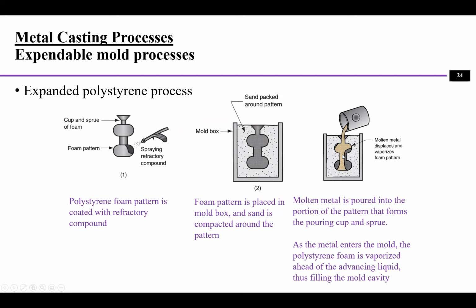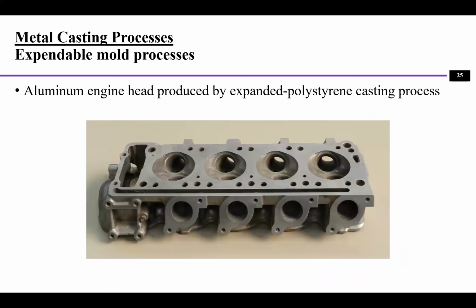During this process, the foam or whatever material is melted will be vaporized. Typically, we use foam, right? Vaporized, and we can use this process to make, for example, the engine block.